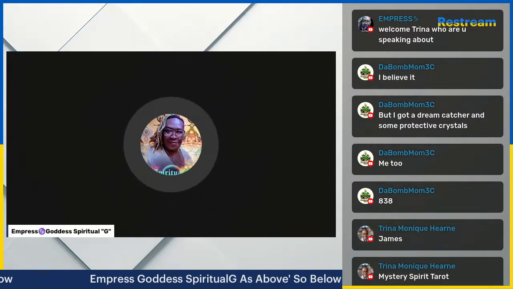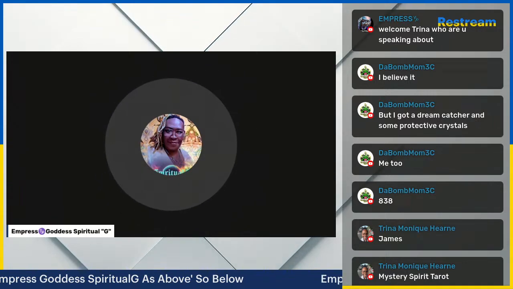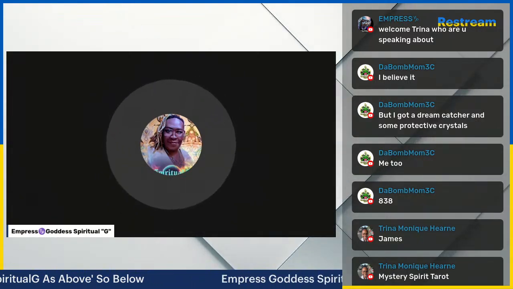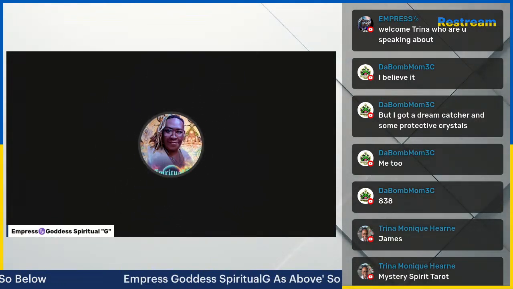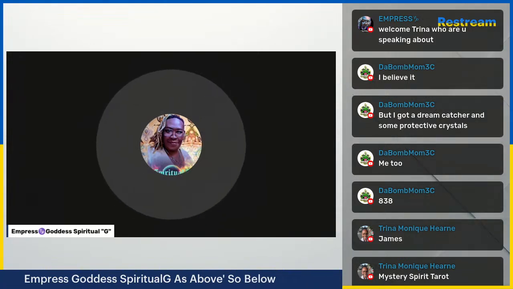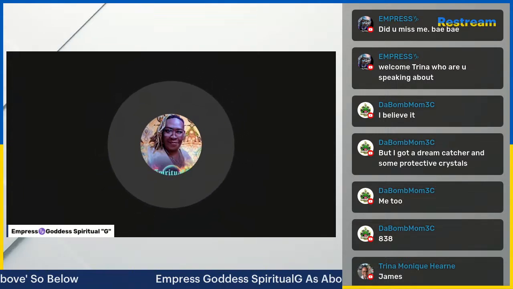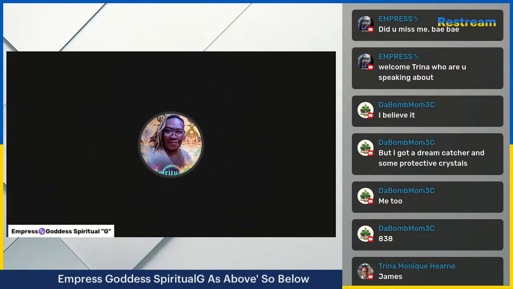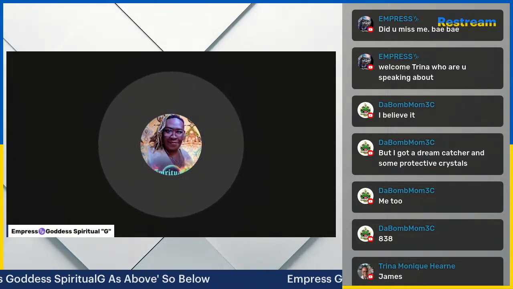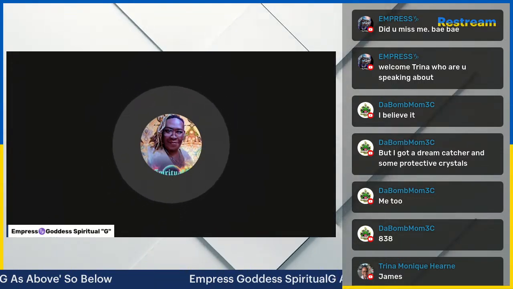You will really cherish the connection that you have to spirit when you are put in situations of being, like I said, in the valley, in the dark, and you have no other choice but to call out on spirit and allow spirit to show you exactly what can be done on your behalf when you really try to connect.